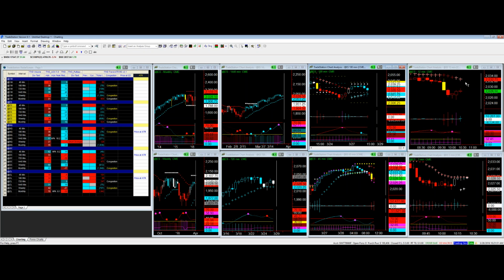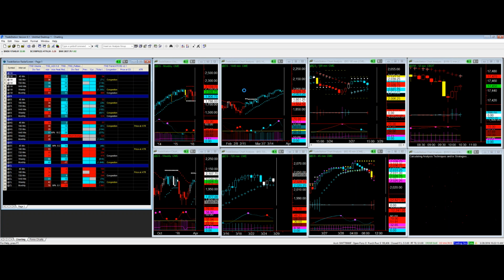I'm waiting on this to get to the ATR over here. If it cannot break this 3 minute, it's not going to get there, but we'll wait and see. Go look at the Dow as well.